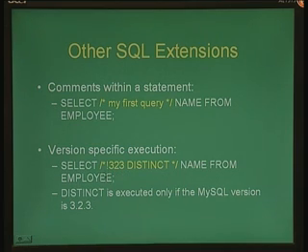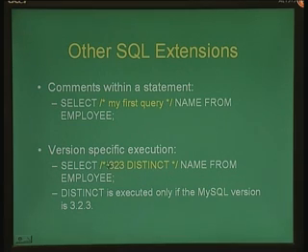Now what this means is that if my MySQL server which is executing this query is of version 3.2.3, then you execute whatever is there within this comment. Otherwise comment out this, that is remove this commented part from the query.